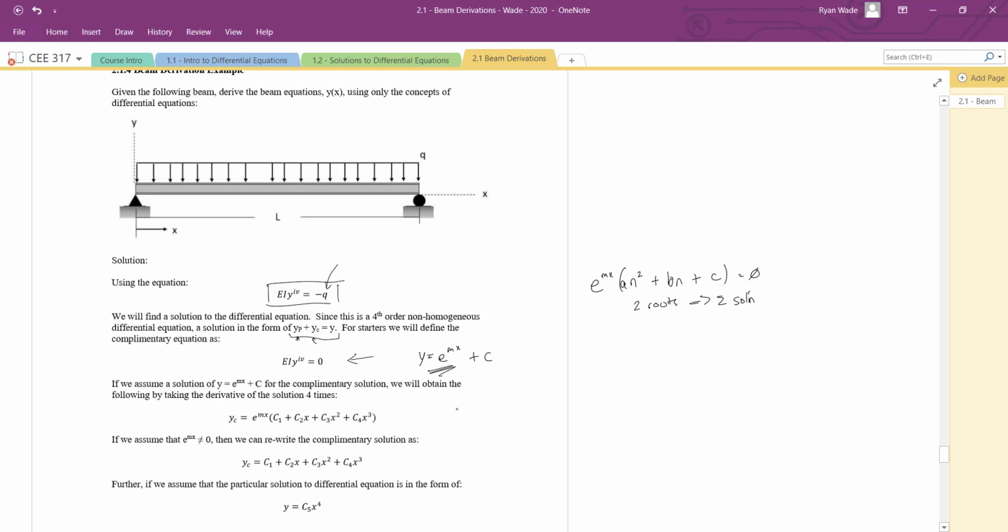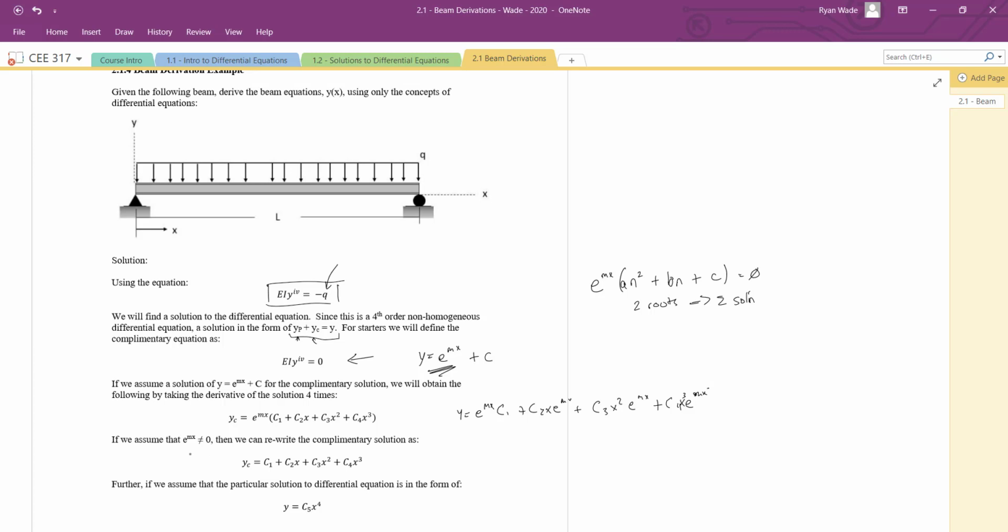If we expanded this, I don't know if it's worth doing, but it's e to the mx of c1 plus c2 x e to the mx plus c3 x squared e to the mx plus c4 x cubed e to the mx. So when we take the derivatives of those, we're basically going to end up with y equals 0, right? Because that's how we come up with the solution.